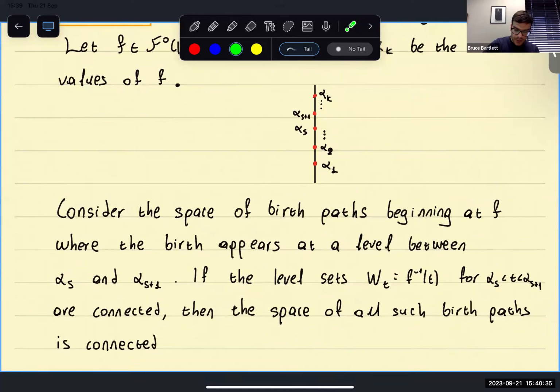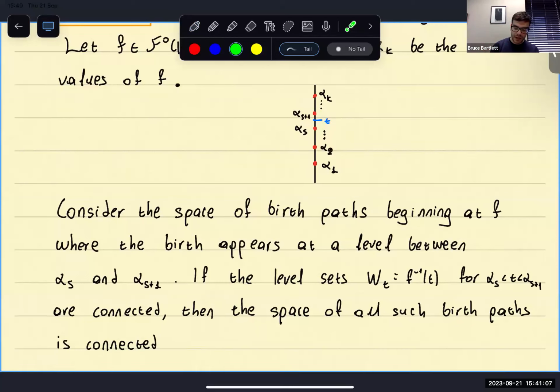If you take any point t between alpha s and alpha s plus 1, since you are not crossing a critical value, the topology of f inverse of t is not going to change for any t throughout this interval. So I can just pick whichever t I want.